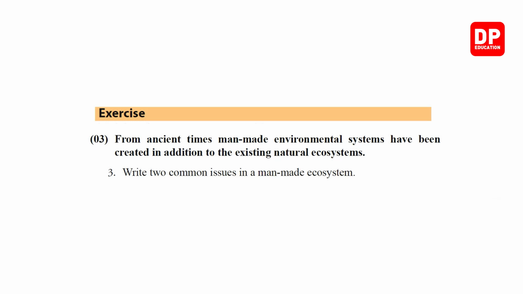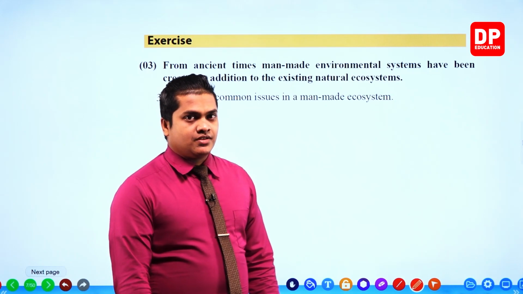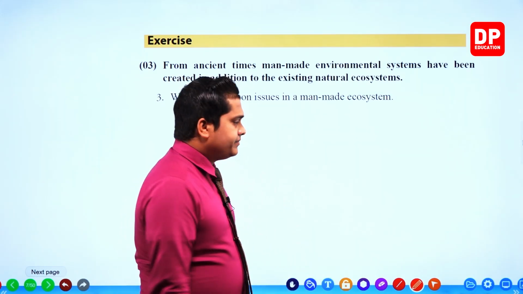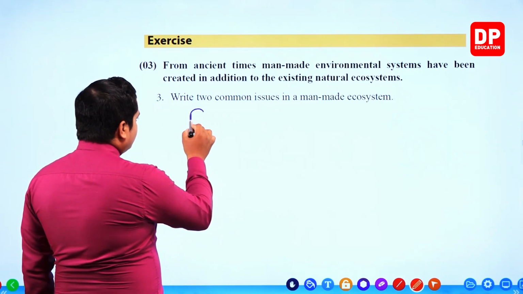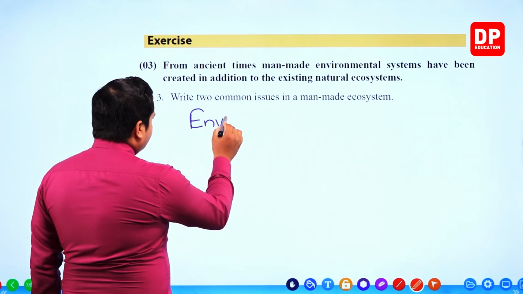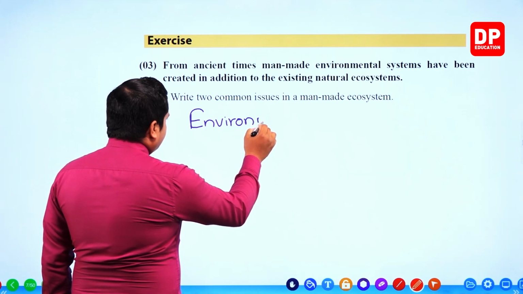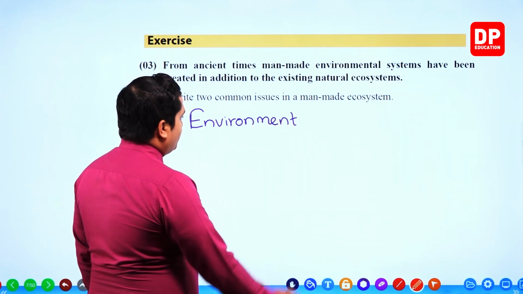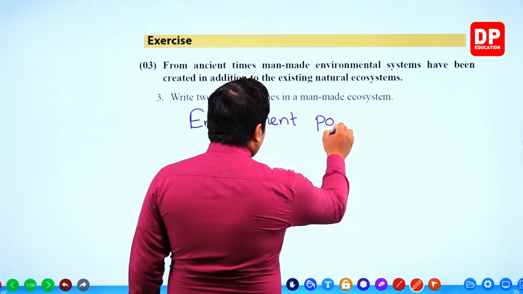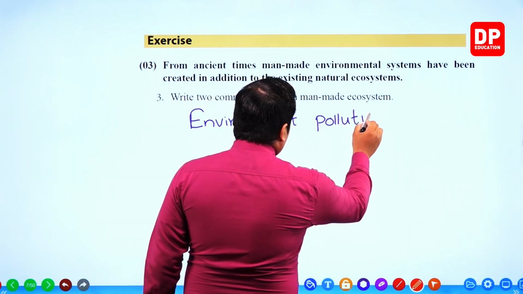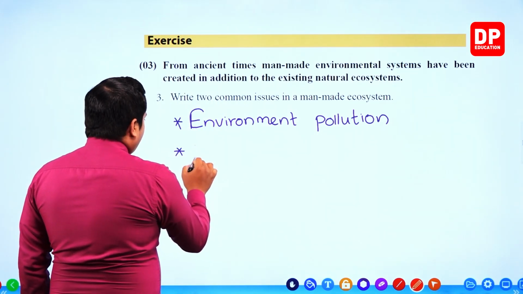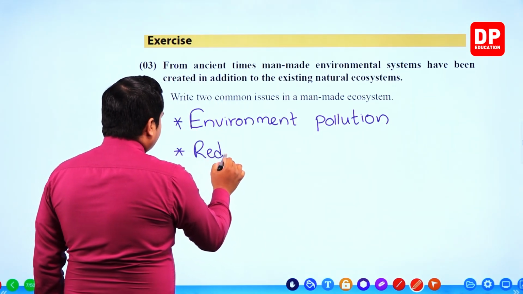Write 2 common issues in a man-made ecosystem. Very simple, my dear children. The first and foremost issue is environment pollution. Then the next one would be reduction in biodiversity.